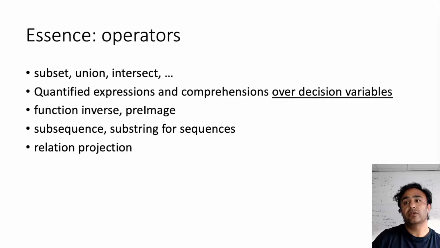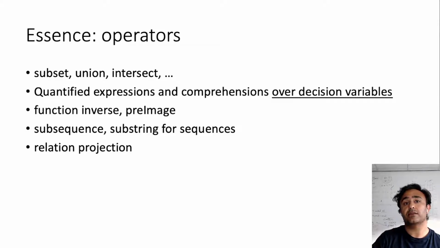In addition to having the domains and using them to create decision variables, we have a bunch of operators defined on these domains. Things like subsets or union or intersect or other set operators you can think of on sets and other collections that can act like sets. So you could take a function and take the union of two functions, for example.